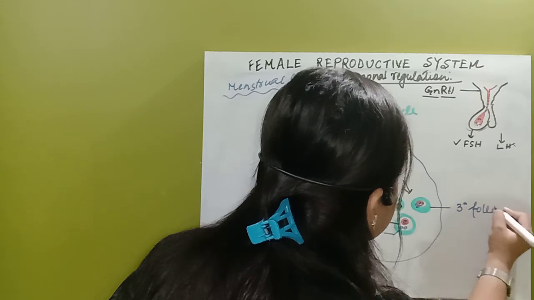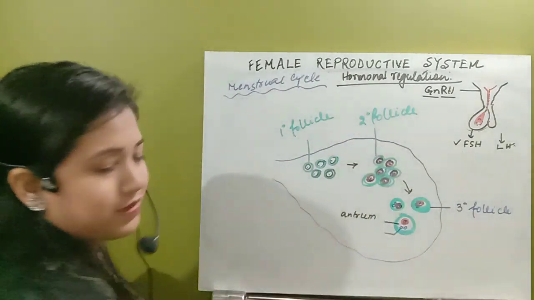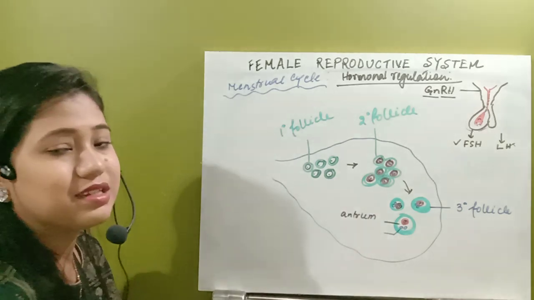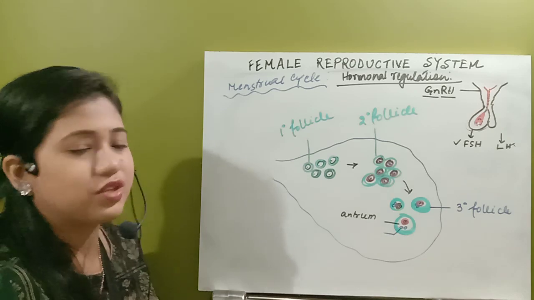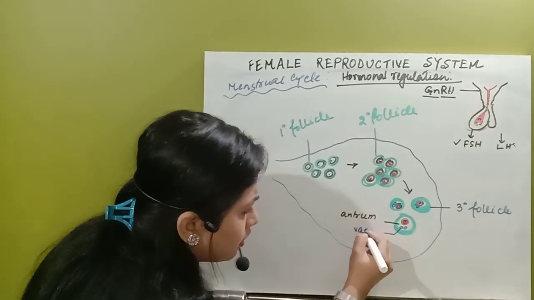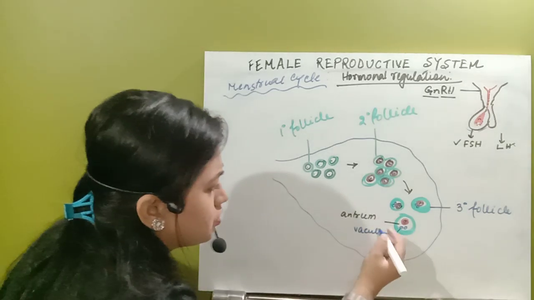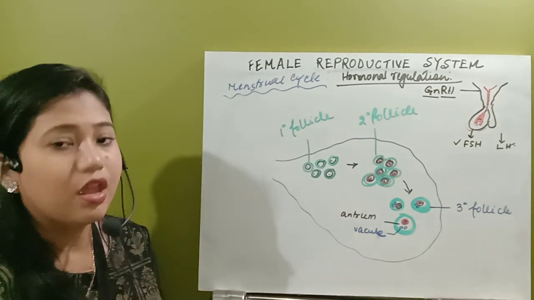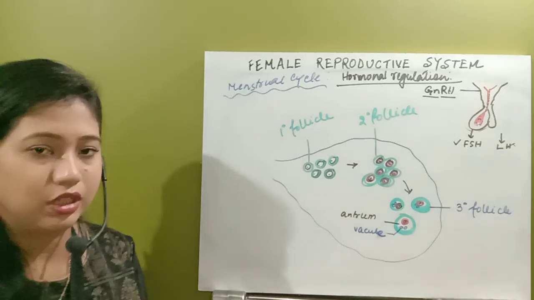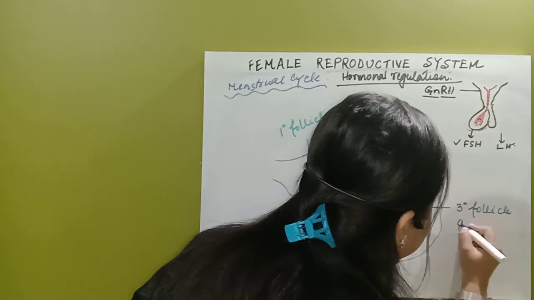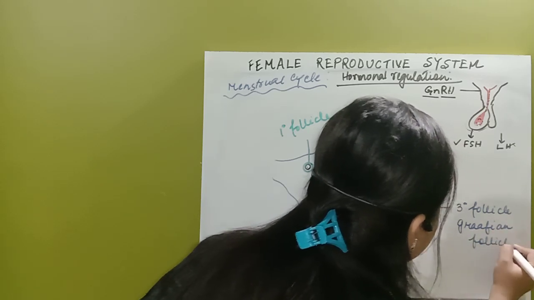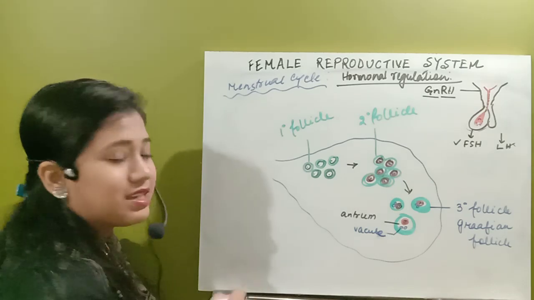So what happens here? Under the influence of FSH, this primary follicle will develop into the secondary follicle, and then the secondary follicle matures into the tertiary follicle. So these are the structures that will be developed. For the maturation from the primary follicle up to the tertiary follicle, also known as the Graafian follicle, this process, the first phase we have completed, is the follicular phase.